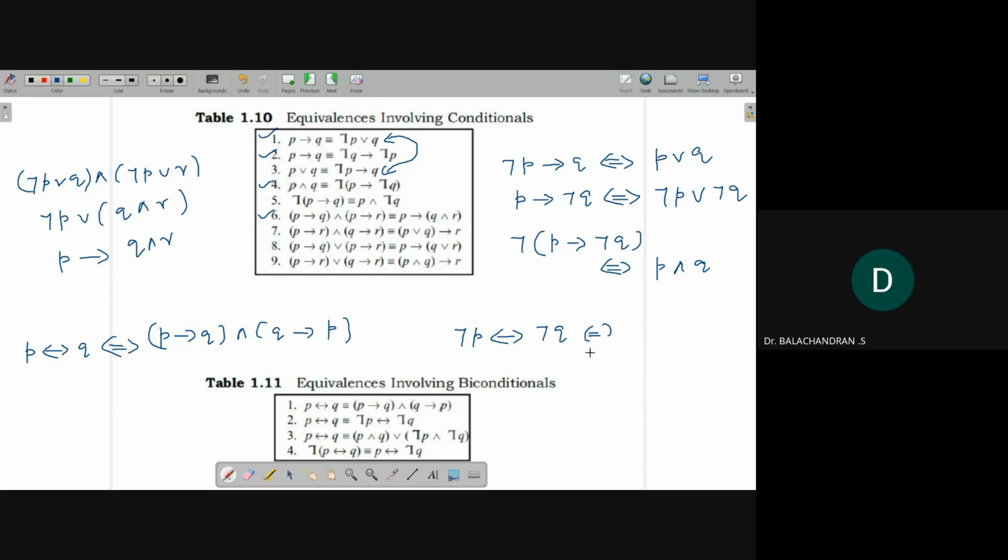So you get negation P implies negation Q, and negation Q implies negation P.